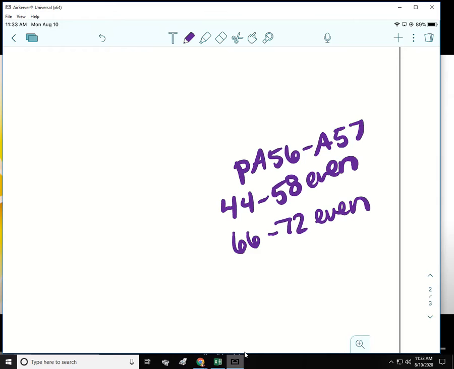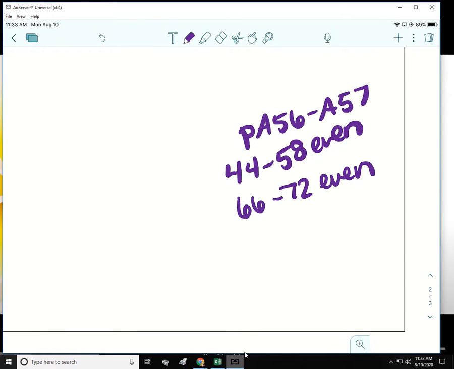Now, it tells you what method to use. You don't have to listen to what it tells you. You can choose the method.